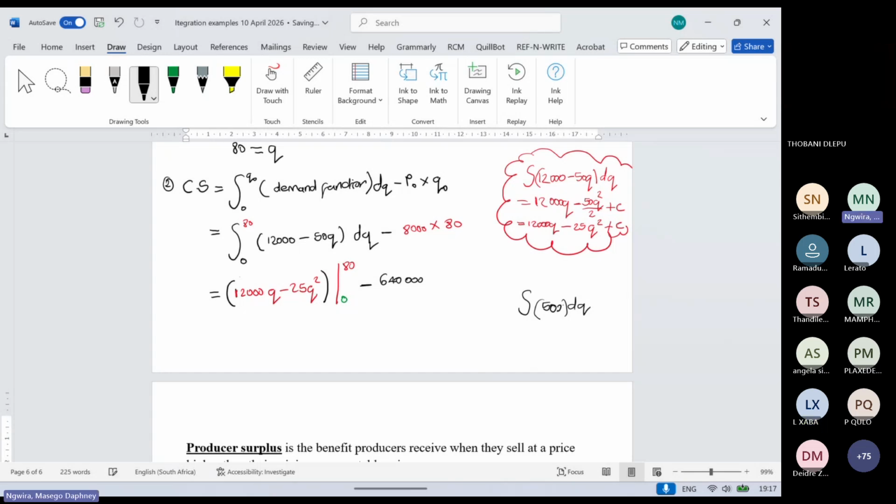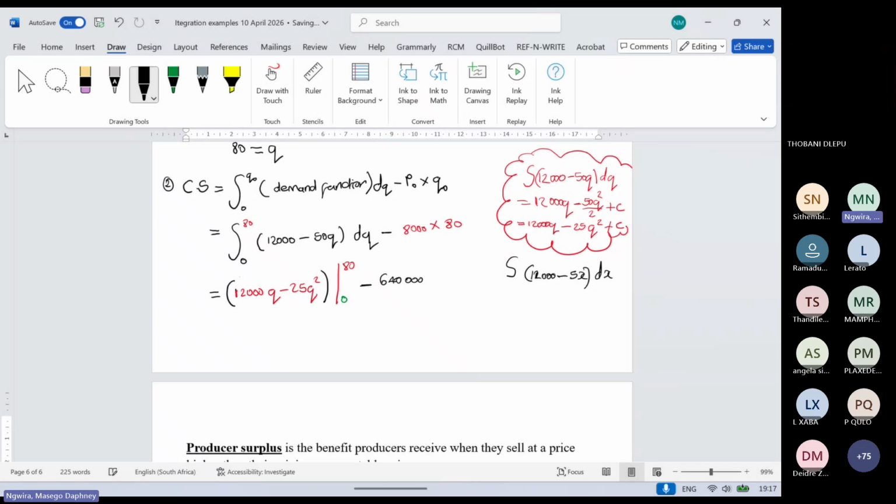Remember, I said that here instead of x, we're writing Q. This is the same as 12,000 minus 5x, and I say integrate this dx. Do you multiply 5x with dx when you integrate?